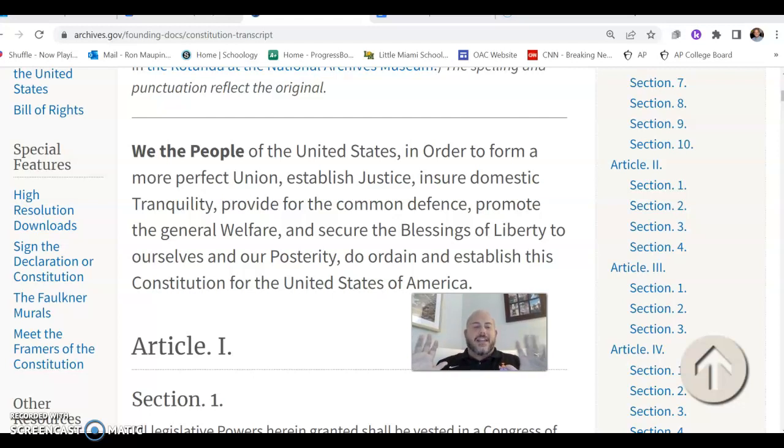And theoretically, if the government does not live up to the values of that mission statement, you can argue that that government has failed to meet the needs of the people, and therefore, perhaps another government should be created to replace it if it does not live up to these standards. So you can definitely see the values of the Enlightenment infused in the preamble there.